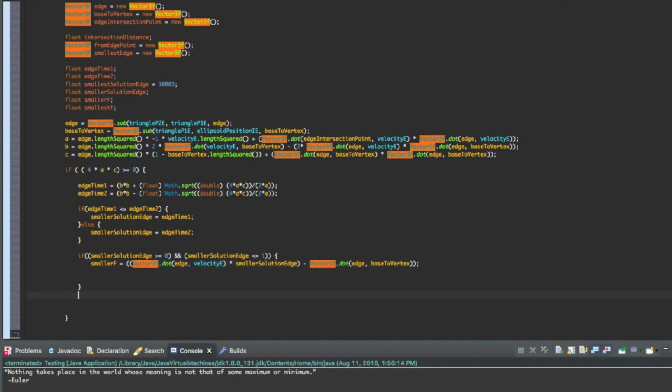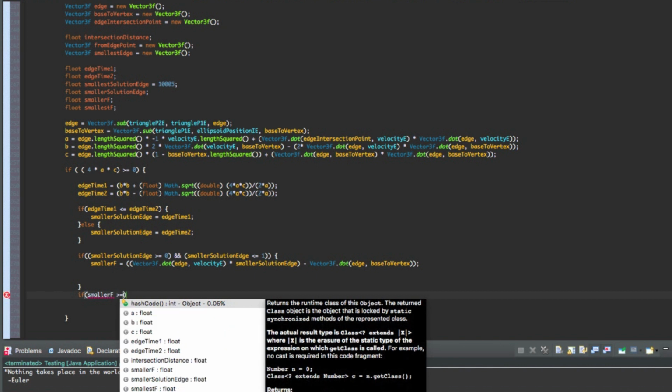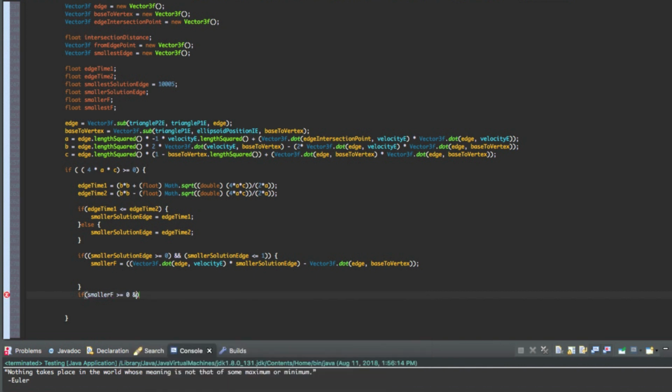So if smaller solution, no, just smaller f is greater than or equal to 0, and smaller f is less than or equal to 1, and also if the smaller solution edge is less than the smallest solution edge.